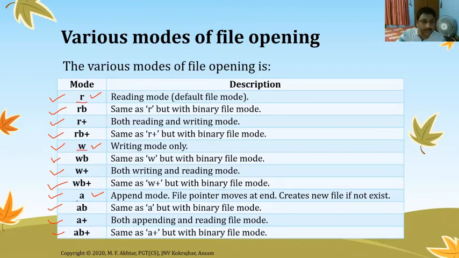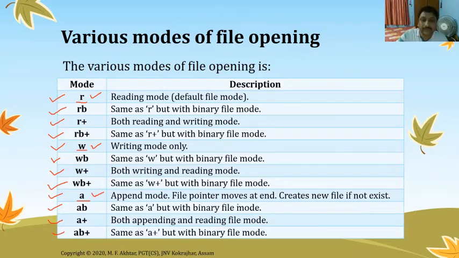Now A mode: when we want to add, modify or make some changes, then append mode will be used. In append mode, the file pointer moves to the end, and it creates a new file if it does not exist. If the file name we are giving does not exist, then it will create the new file.